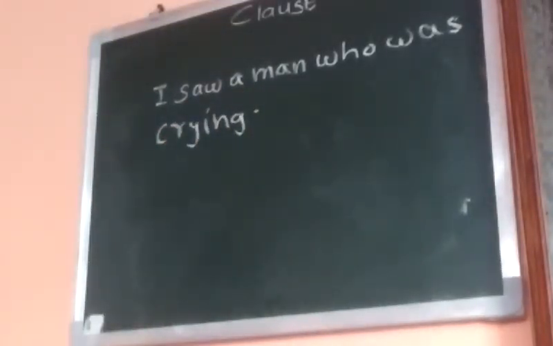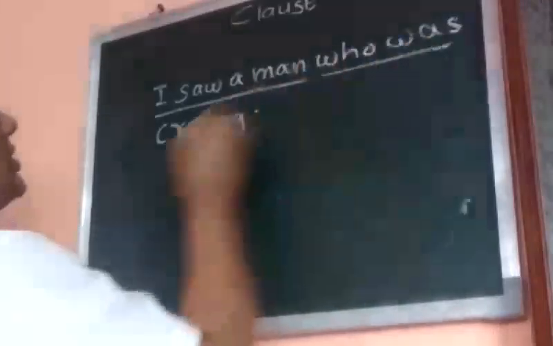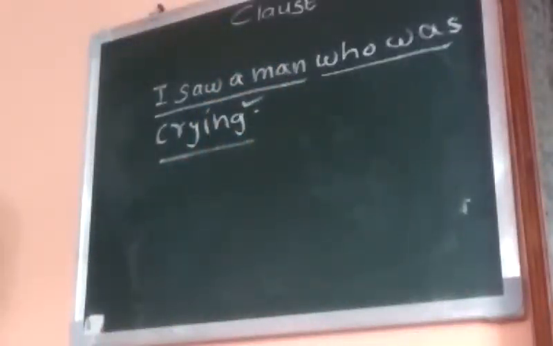This sentence consists of two clauses. I saw a man, and the second one, who was crying. The first clause, I saw a man, gives a complete meaning. I saw a man gives complete meaning and can alone stand as a complete sentence.